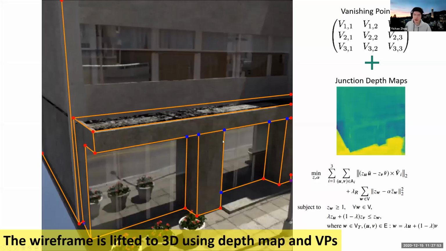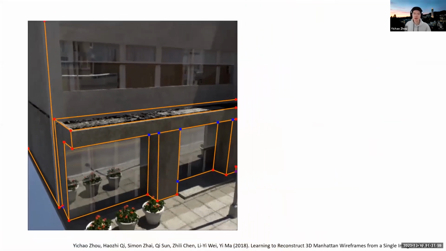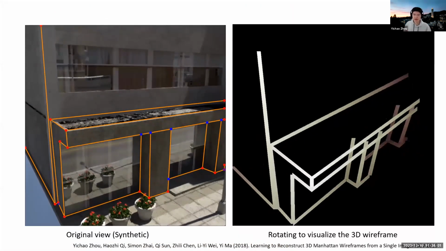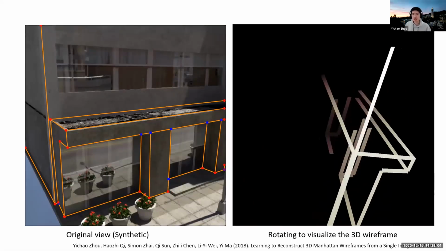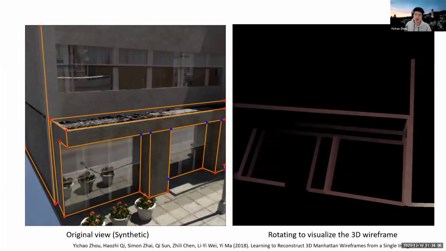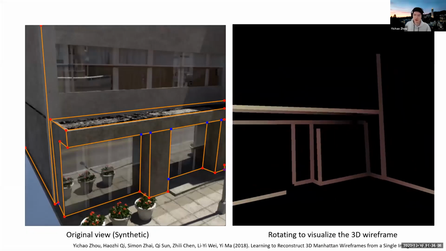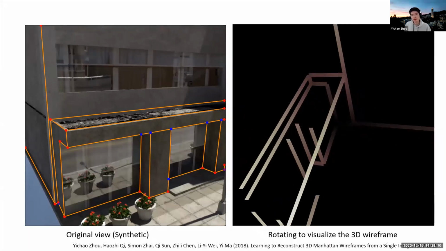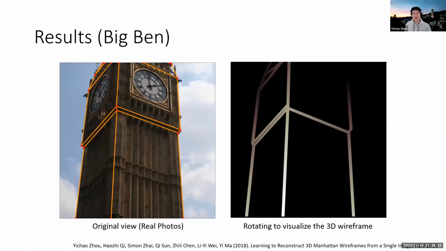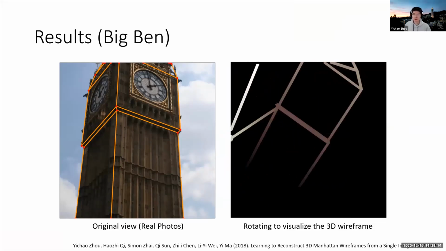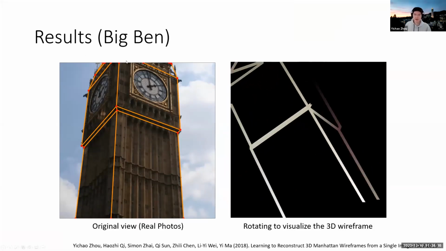Then we form a convex optimization problem and solve it to optimize the depth for each junction. You can get a very nice, clean wireframe representation, and you can use your mouse to rotate and visualize it. Here's a wireframe reconstruction result for the famous Big Ben clock.